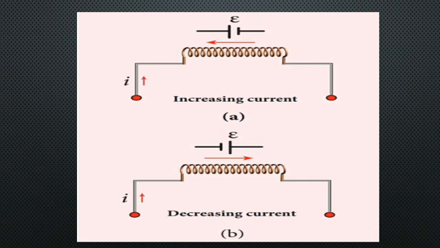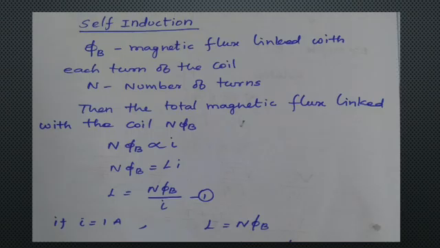So please listen. This is the book derivation, which I simplified. We know the definition of self-induction. What is self-induction? The magnetic flux changes in the coil by changing the current, and EMF is induced.